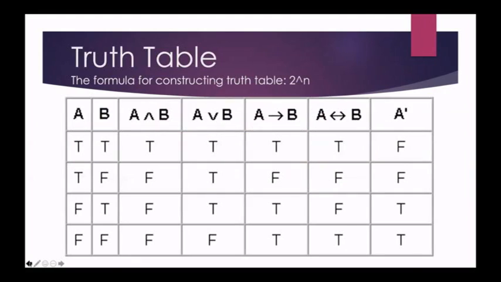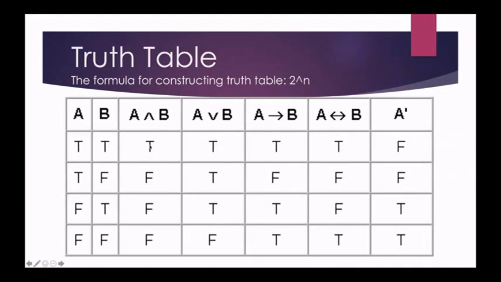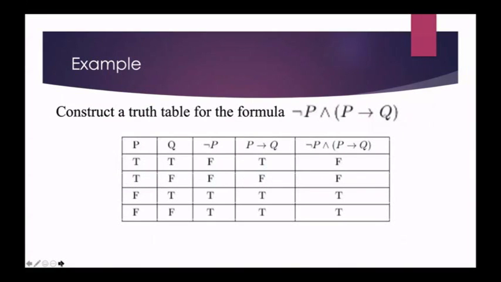Is it conjunction? Okay, let's see. Yes, this one. So if you will look at it, the and is indeed conjunction. It's called conjunction. Now, for conjunction class, what is true is only the true. The others false. So only the true is true. Okay, let's see if it's correct.